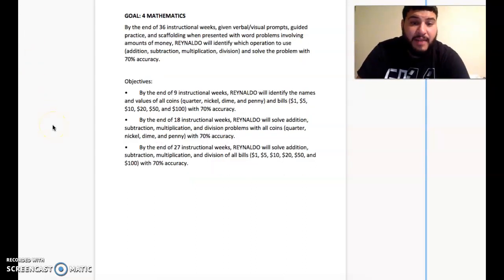Objectives. By the end of 9 instructional weeks, Reynaldo will identify the names and values of all coins: the quarter, the nickel, the dime, and the penny, and bills: the $1 bill, the $5 bill, the $10 bill, the $20 bill, the $50 bill, and my favorite, the $100 bill, with 70% accuracy.